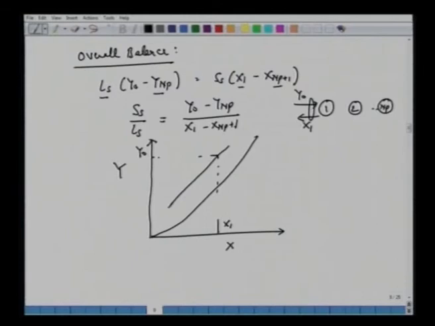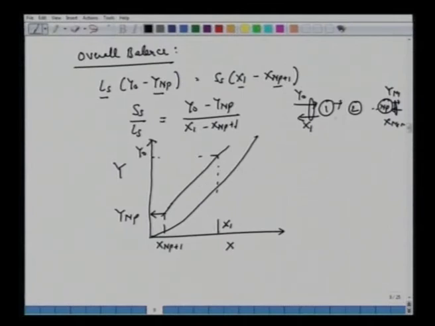We bring down to the level of this x1 here. Now the last here you have xnp plus 1, which could be very small. Let's say this is xnp plus 1. So what you will obtain here will be this ynp. So that's the meaning of this operating line equation, the material balance. And then you have all these stages.